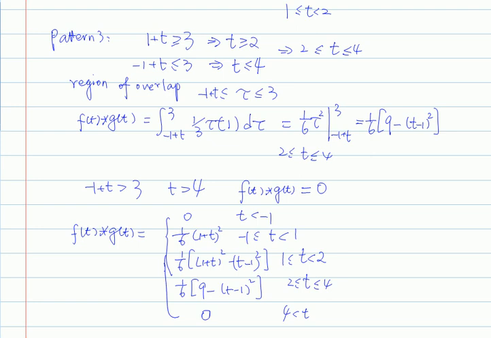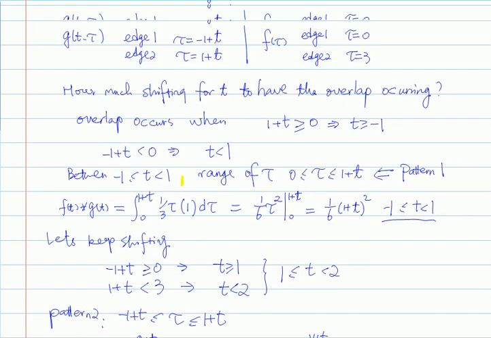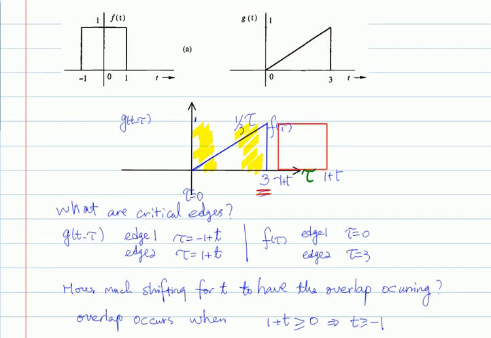Anyway, just take a look at it. If you notice any mistakes, let me know. But the idea here, for a piecewise function, is being able to tell where the critical edges are. Also notice the relationship between the critical edges, on which side, left or right.